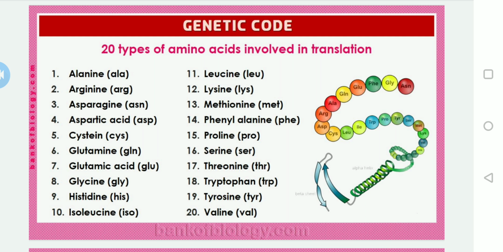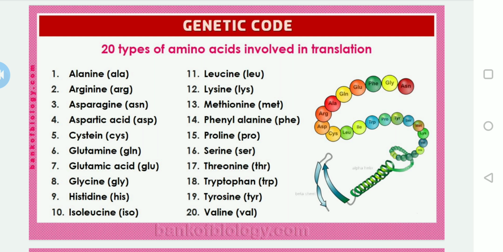Lysine, methionine. Phenylalanine, proline, serine, threonine, tryptophan, tyrosine, valine. So these are the 20 different amino acids involved in translation, which are coded by the 61 codons, except those 3, the terminator codons.